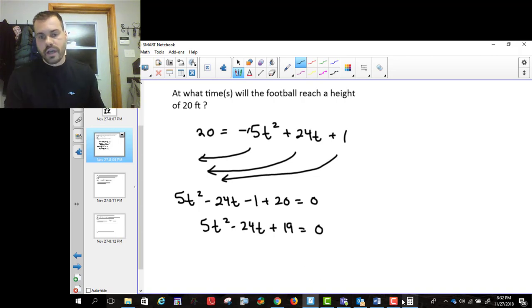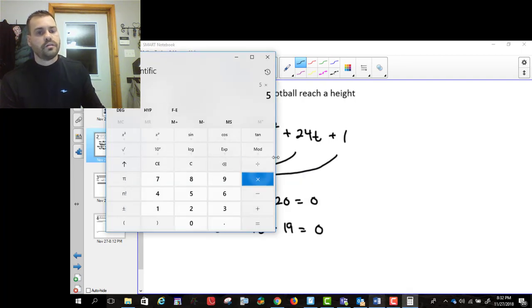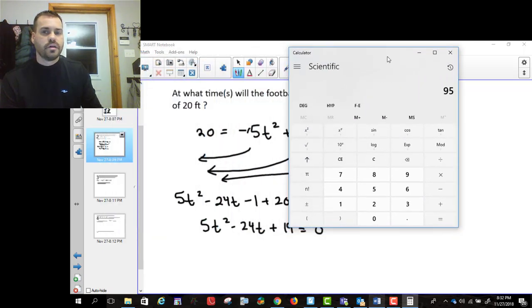So we can check what's 5 times 19. 5 times 19 is 95, and I need to find two numbers that multiply to give me 95 and add to give me 24. And that's not likely to happen. So I'm going to just use the quadratic formula again.